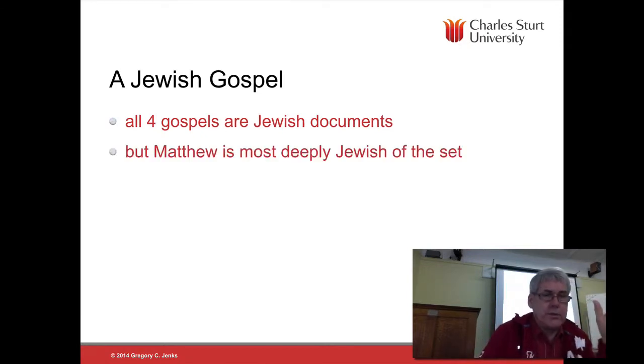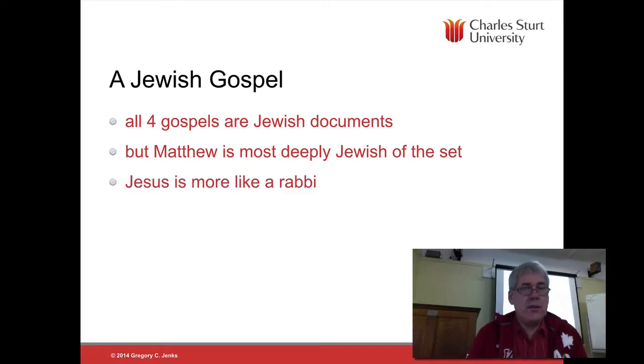So all the Gospels are Jewish, but Matthew is the most deeply Jewish. It's the Gospel that resonates most with themes and motifs and interests which are core and distinctive elements for Jewish identity. So in some ways, in Matthew, Jesus is a Jewish rabbi. Okay?